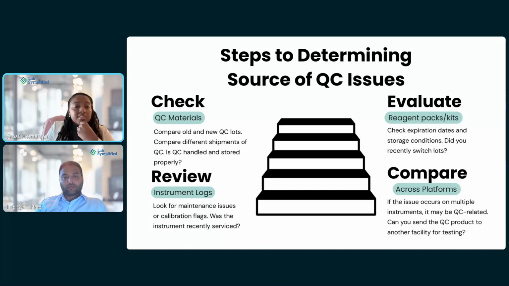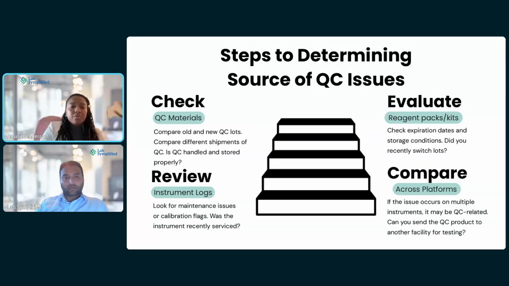We also could compare different shipments of QC, so we want to rule out compromised product. Was there a courier delay? Did something cause my shipment to go outside of the required temperature range? These are things we want to think about. So we want to rule out a QC material related issue first.